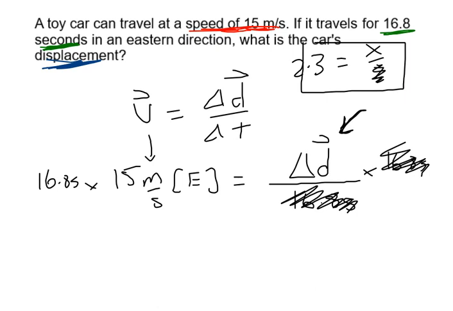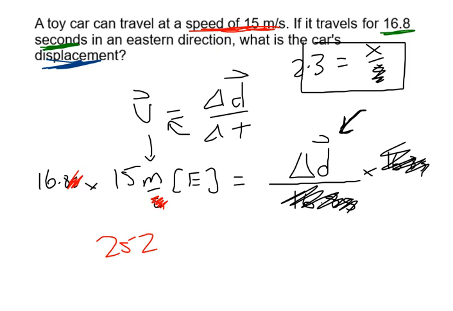And now the 16.8 is up on this side over here. Now watch this. This was measured in seconds. This second here can cancel that second here. And now what I have to do is take 16.8 times 15. If I do that, I get this answer here, 252.